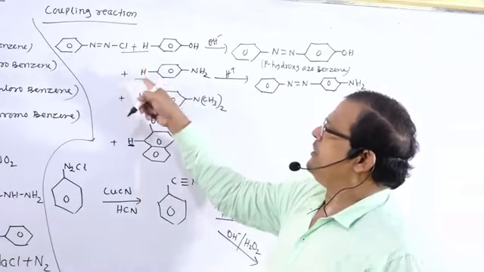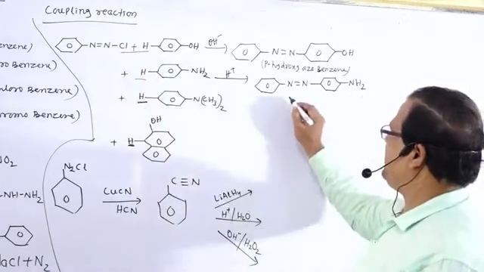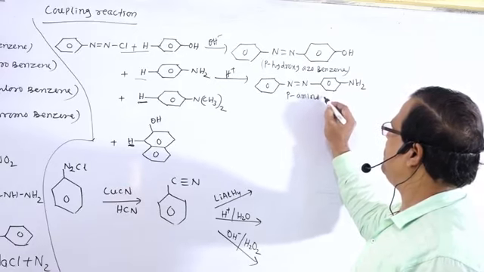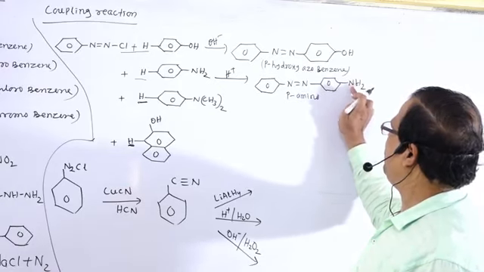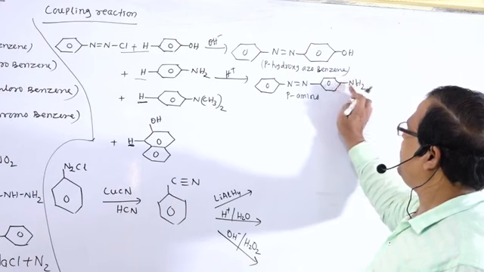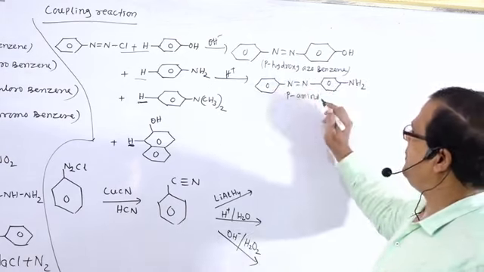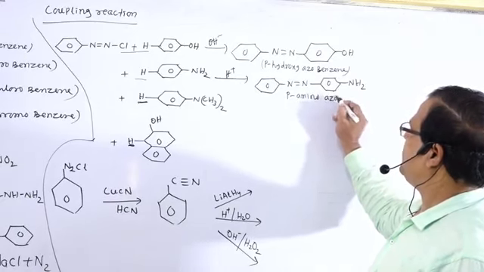H and Cl removed in the form of HCl, there is the formation of para amino azobenzene, with the NH2 group at the para position, p-aminoazobenzene.